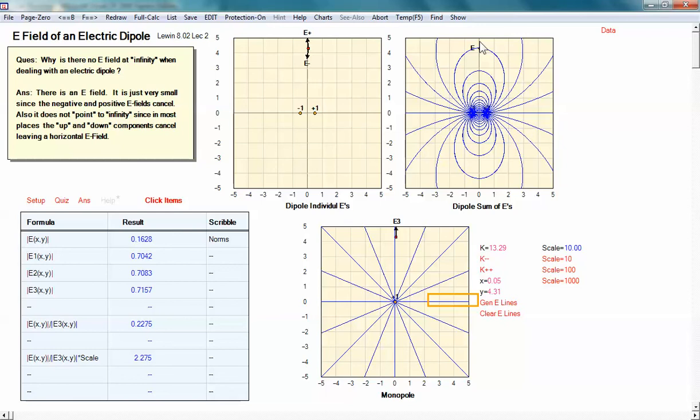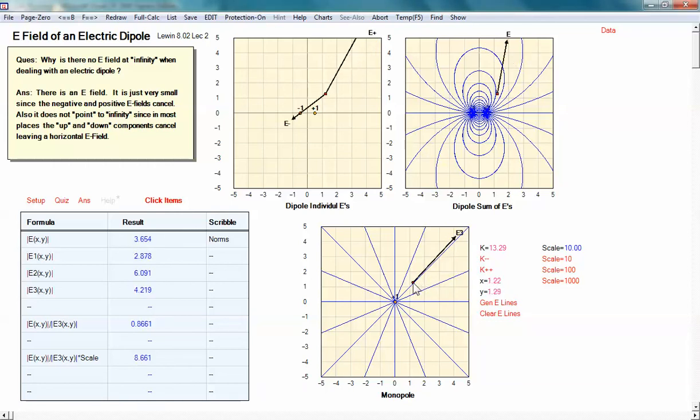Now those thoughts apply to the monopole also. Even though you see the lines going out to infinity, the field is definitely diminishing. The intensity is diminishing as you go out. Watch that. The vector here is representative of how strong the field is at each point.